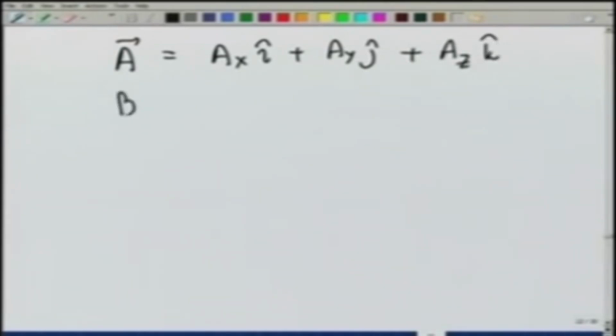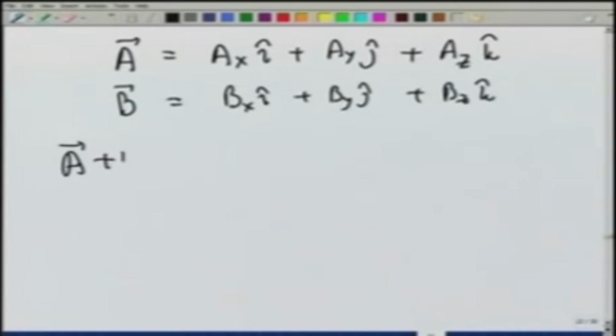Having written a vector in its algebraic form, let us ask, how do I add two vectors? Suppose there is another vector B, which is b x i plus b y j plus b z k. When I add the two vectors A plus B, you can see graphically that the net vector would have an x component which is the summation of the x components of individual vectors.